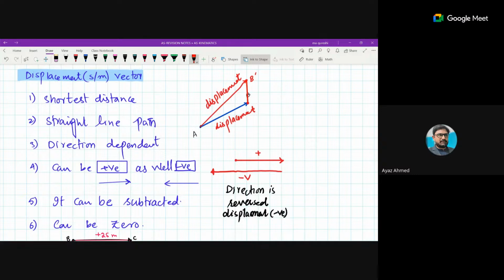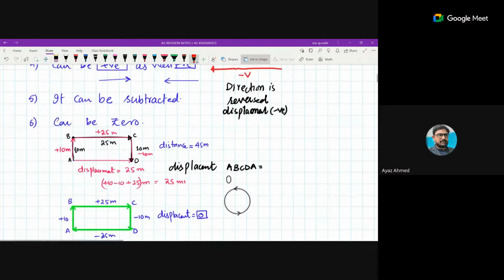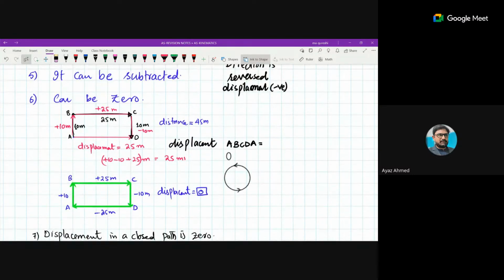Usually we take the positive displacement when the body is moving away from the starting point or moving upwards, and negative is taken when it is moving towards it or moving downwards, or moving left is taken as negative and moving right is usually taken as positive. These conditions can be changed according to the situation, but generally we say that. Then it can be subtracted, because if it is negative, then it can be subtracted, though it can also be zero.